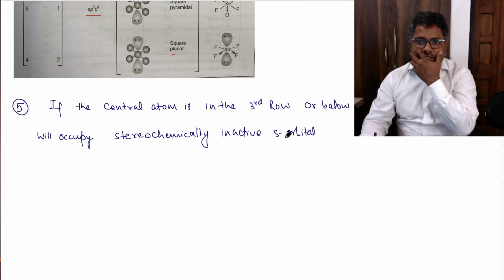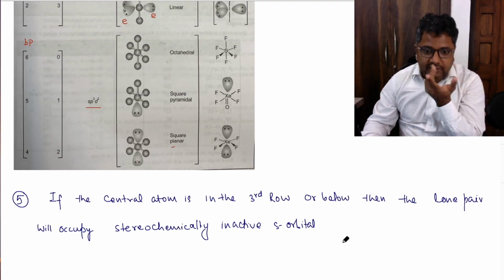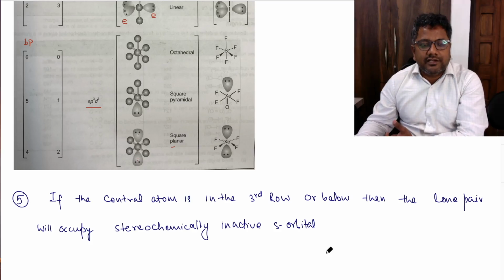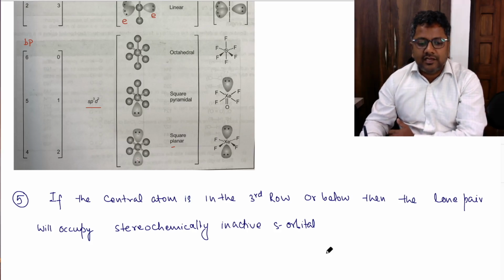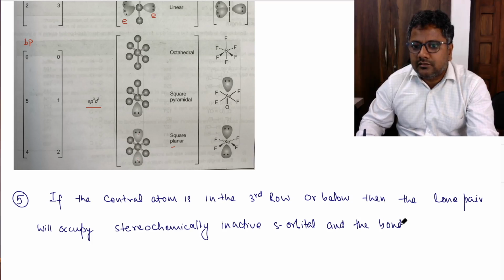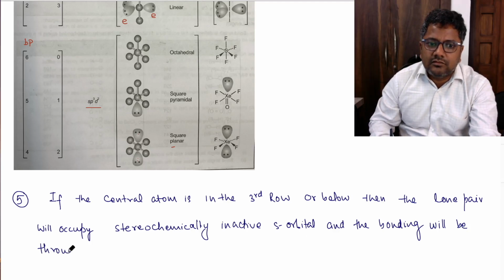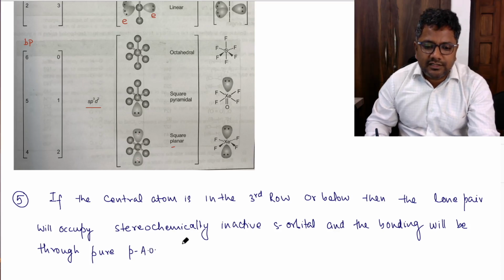Why is this stereochemically inactive? Because it is spherical, right? Spherical means there is no stereochemical relation, no cis-trans, nothing. The directional nature is there in the bonding, and the bonding will be through pure p atomic orbitals, right?